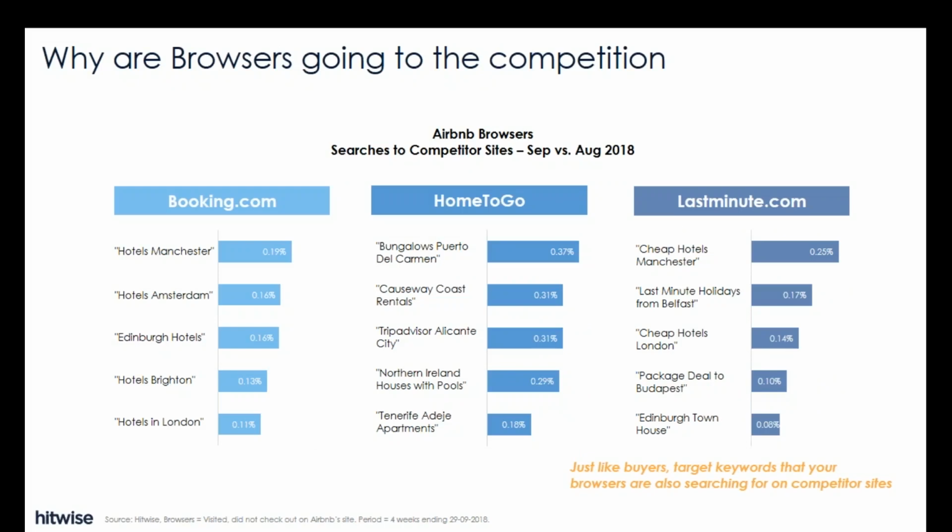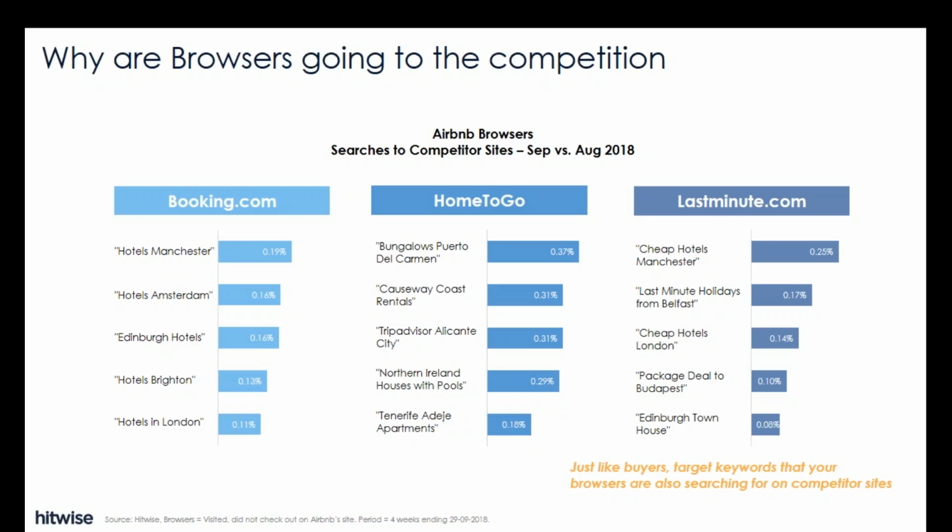On my direct competitor Home2Go, they're looking for different types of experiences like bungalows, houses with pools, and also coastal rentals. And finally, on lastminute.com, my browsers, they were looking for cheap hotels and package deals. So just like buyers, I can target these keywords that my browsers are looking for on competitor sites, such as through content, paid search, or promotions on these specific locations.